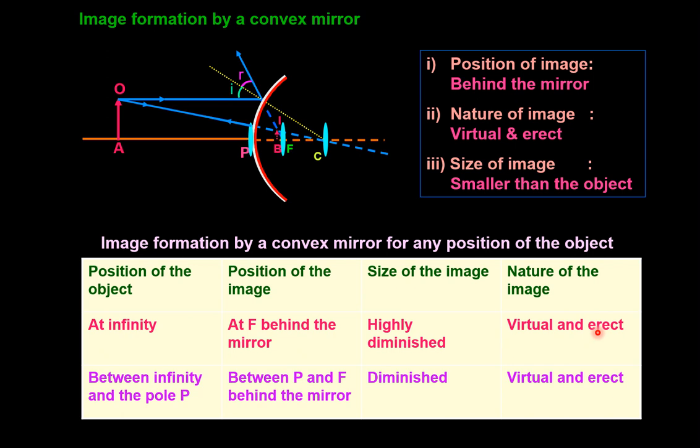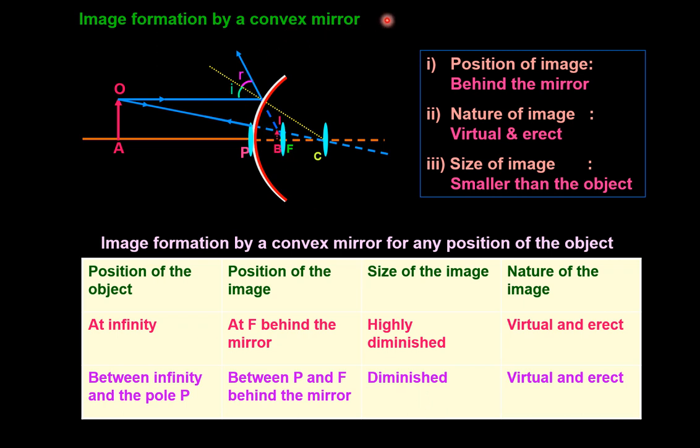At the same time, a question may be framed like this: you have to tell the name of the mirror when the image formation is virtual, erect and diminished. In that case you have to give the answer as convex mirror, because in both cases we are getting a virtual, erect and diminished image. So a virtual, erect and diminished image can be obtained using a convex mirror only.